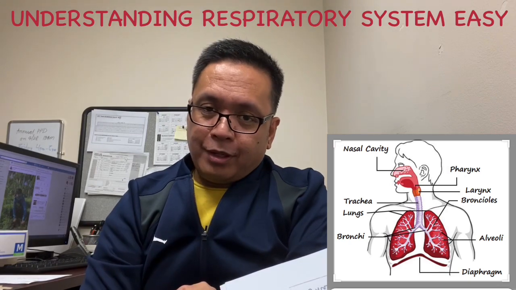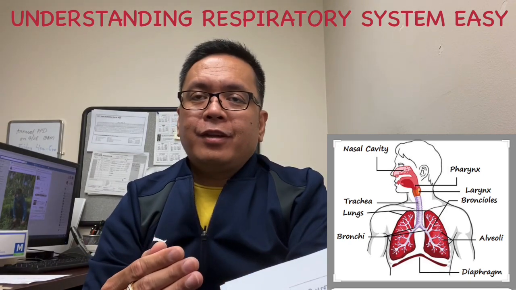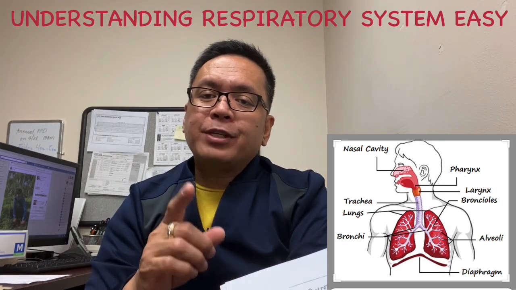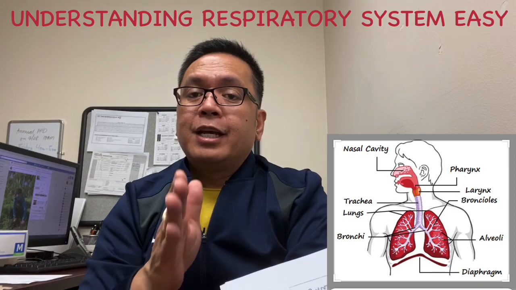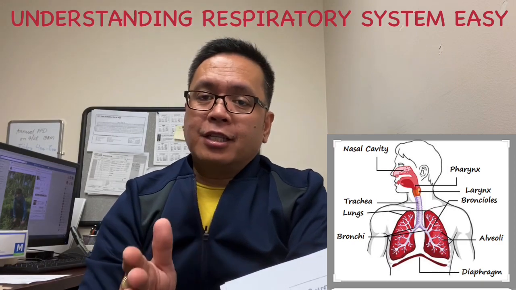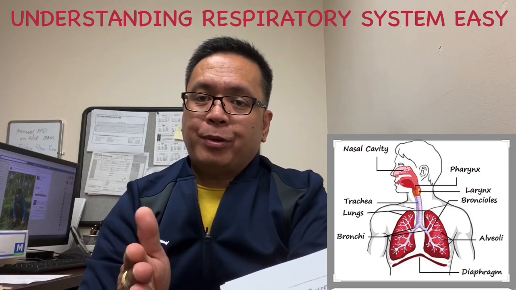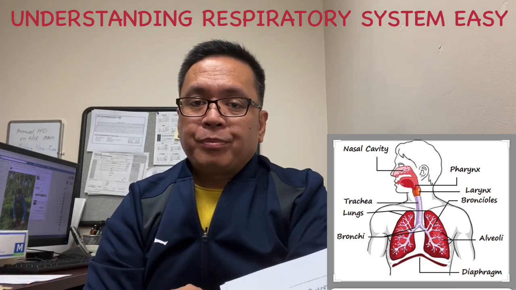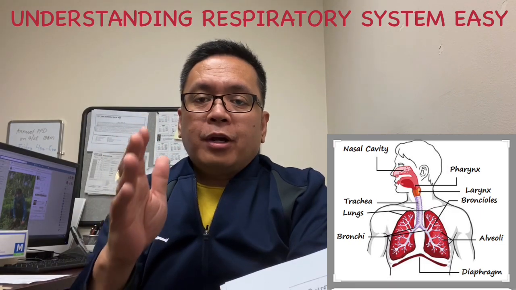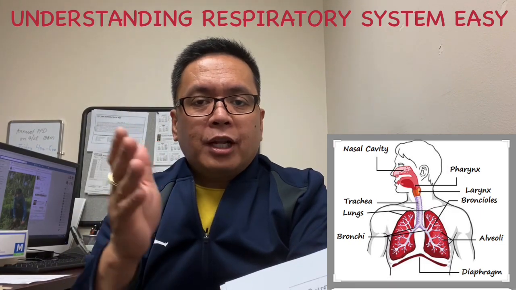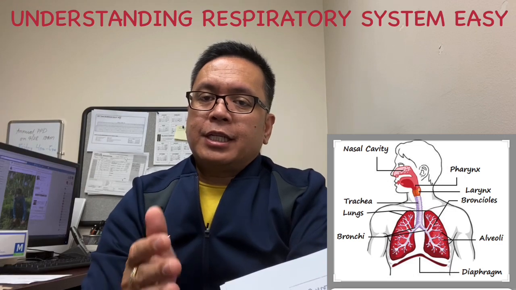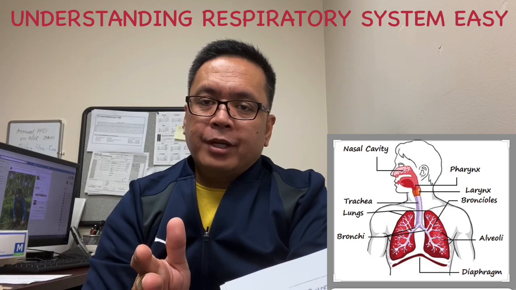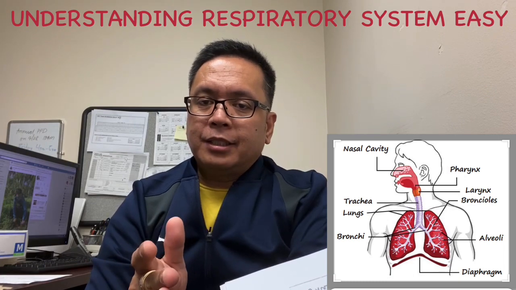Now, how can we say if there is an effective respiration? Effective respiration, guys, requires gas exchange in the lungs, which is also called external respiration, and also in the tissue, which is the internal respiration. There are three external respiration processes needed to maintain adequate oxygenation and acid-base balance.